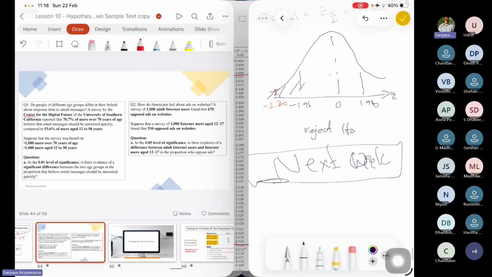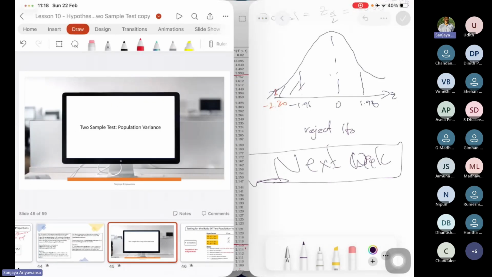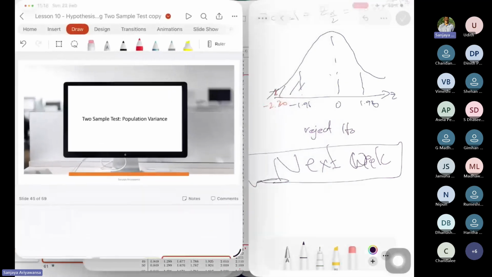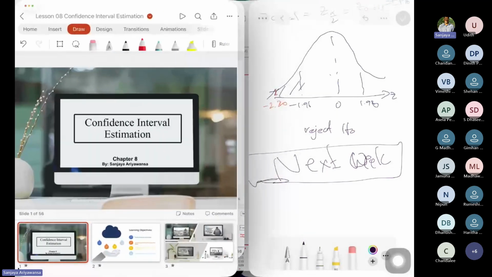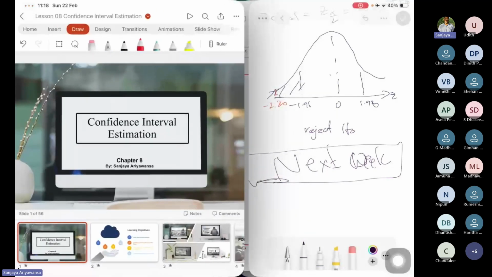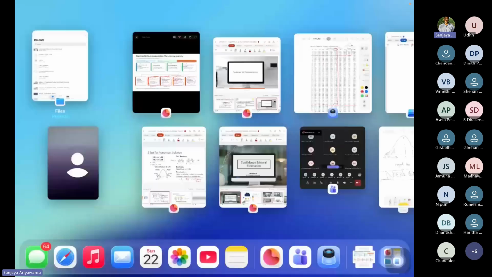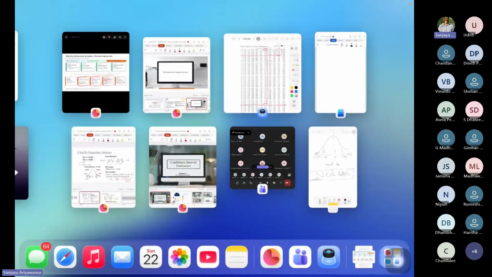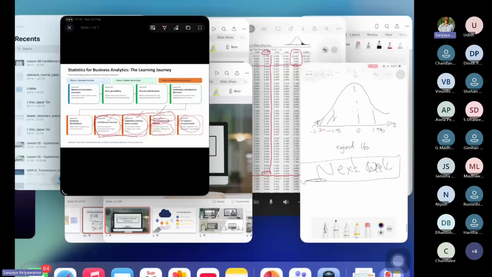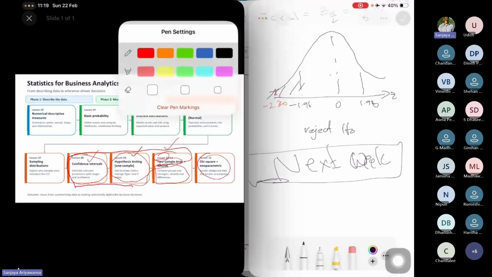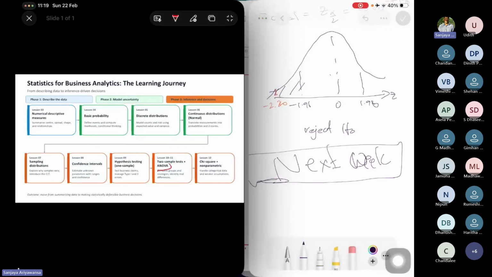Next week I'll have to finish off this population variance part, and then we have to look at analysis of variance, which is also another lesson. Analysis of variance is what we have to do next week, and this chi-square non-parametric.